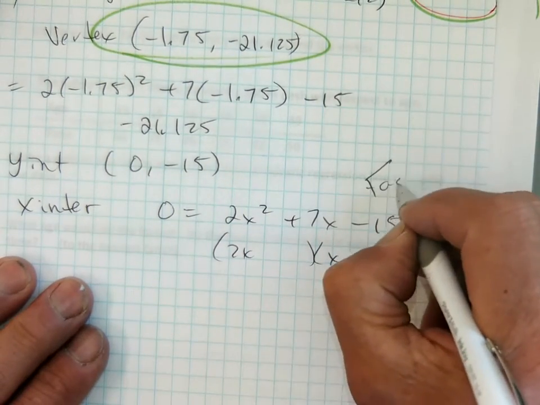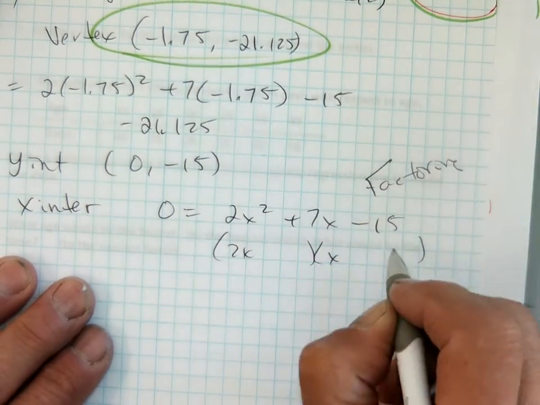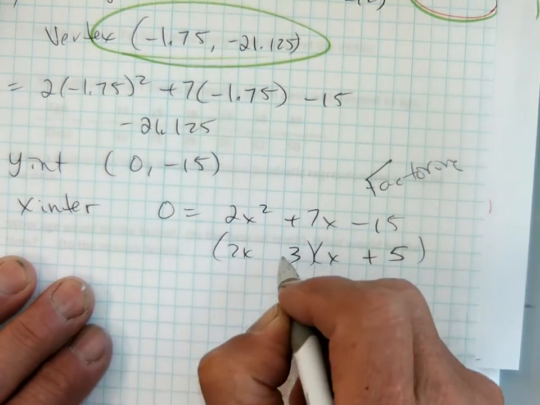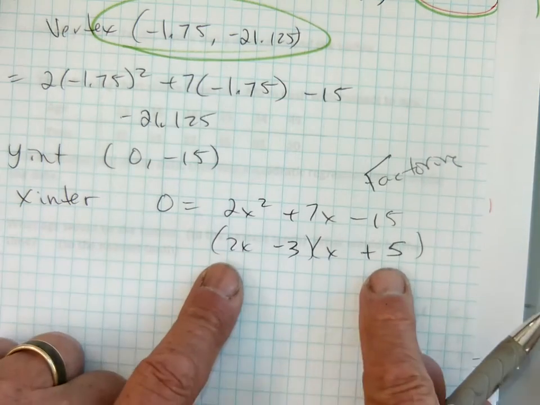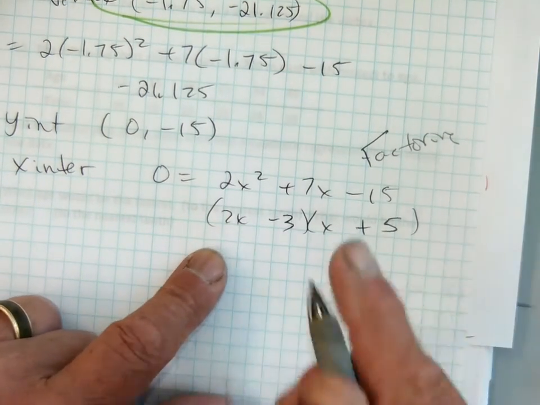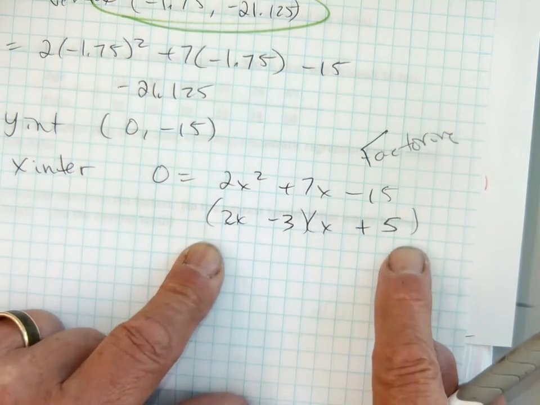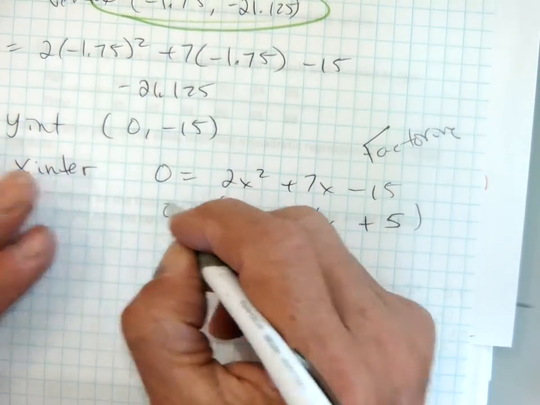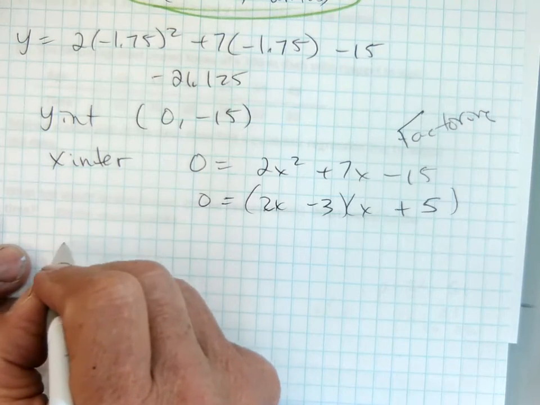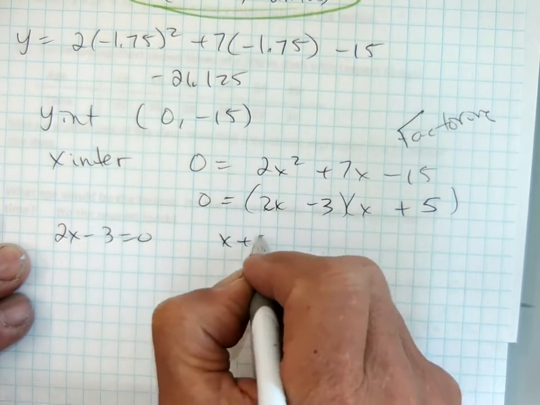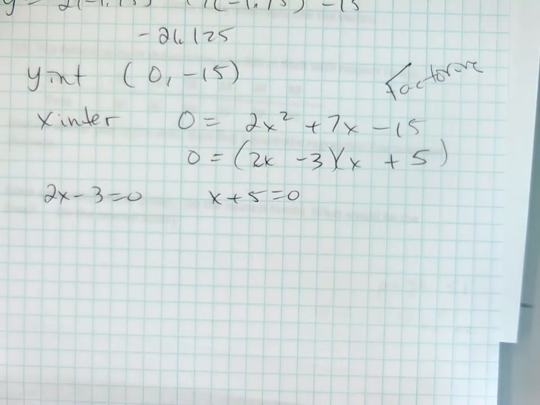That's why I like factoring. 5, 3, plus, minus, because there's my 10x. You see my 10x? My negative 3x makes my 7x, right? Awesome. I don't have to use the quadratic formula, so I can use my mini equations. I can have 2x minus 3 equals 0 and x plus 5 equals 0. So much nicer when it factors.